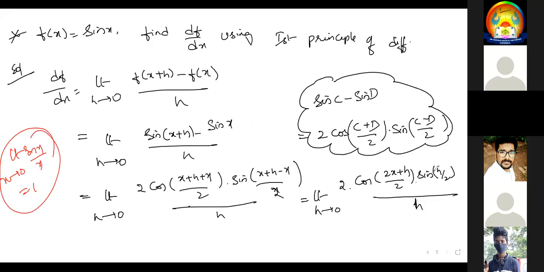Like your h by 2 is there now. Make it as h by 2 into 2. So this becomes 1. 2 getting cancelled. Now put h equal to 0. If you keep h equal to 0, it will become cos 2x by 2. That is equal to cos x.